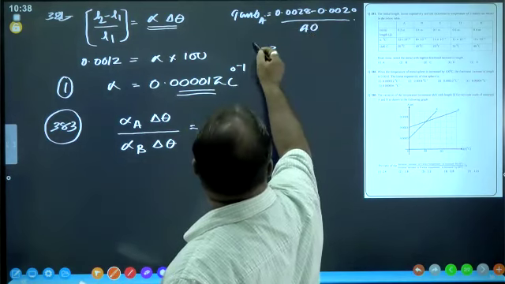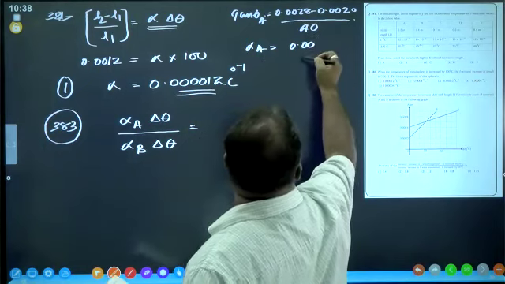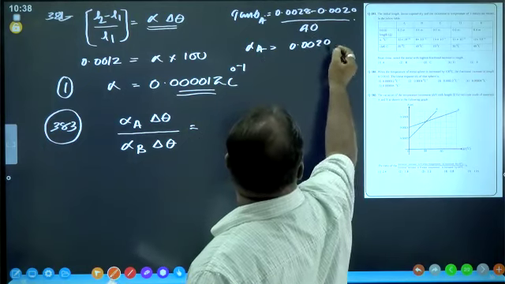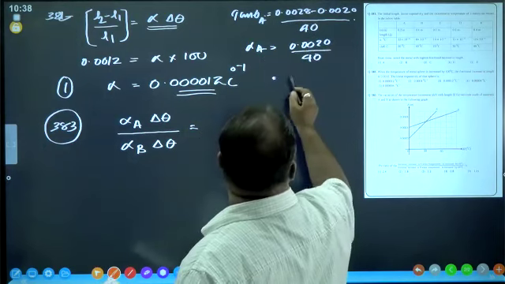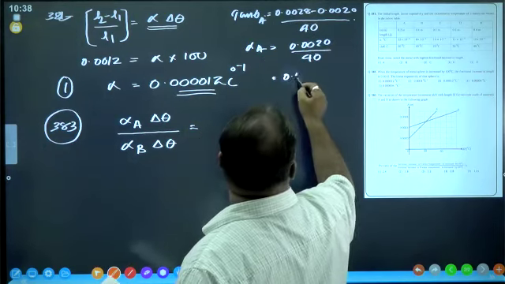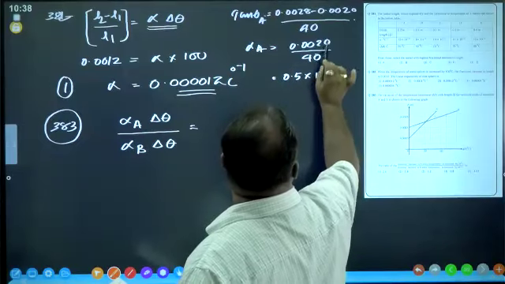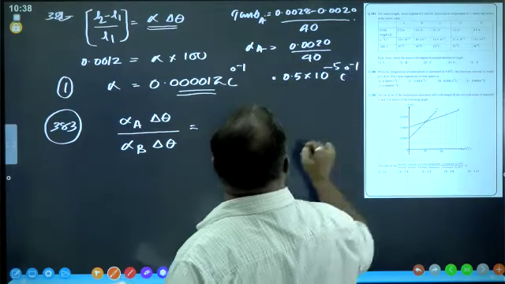This is tan theta A. It's alpha A. Alpha A becomes 0.0020 divided by 40. It becomes 0.5 into 10 to the power minus 5 per degree Celsius.